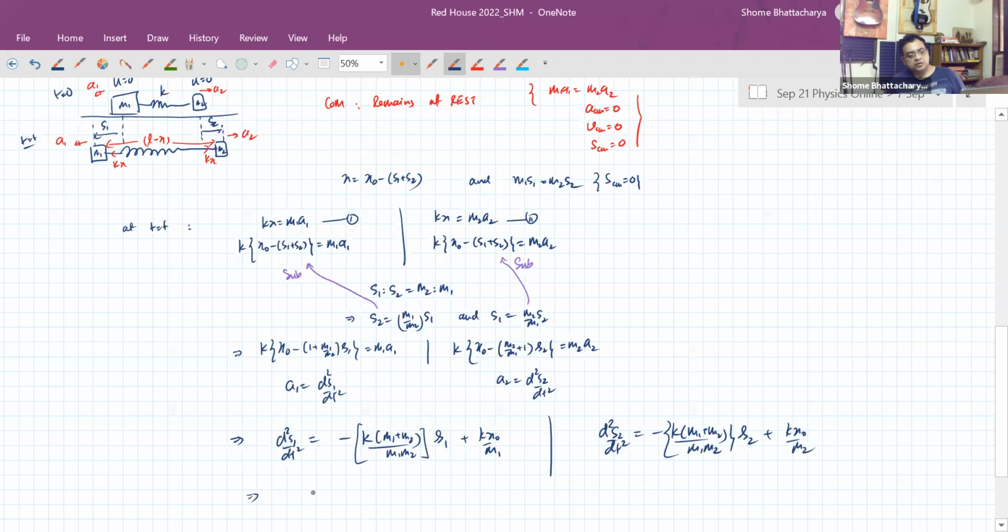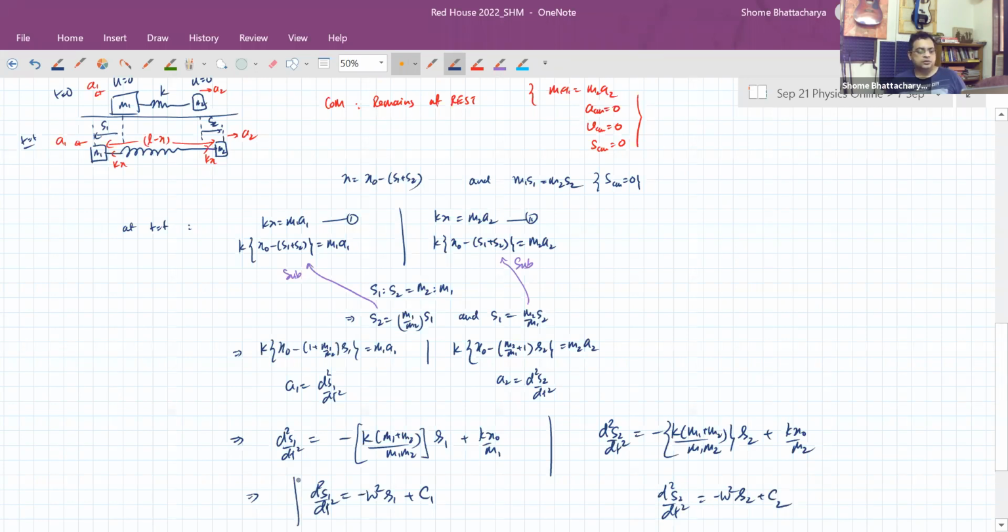So this is like d2 s1 by dt square is minus omega square s1 plus some constant, and this is minus the same omega square s2 but plus some constant c.